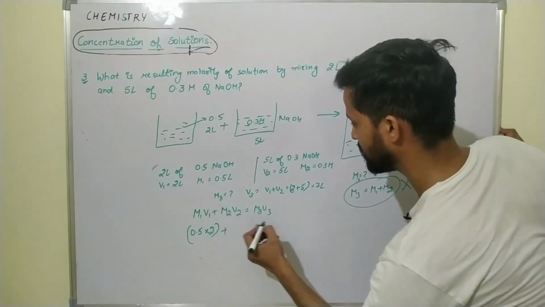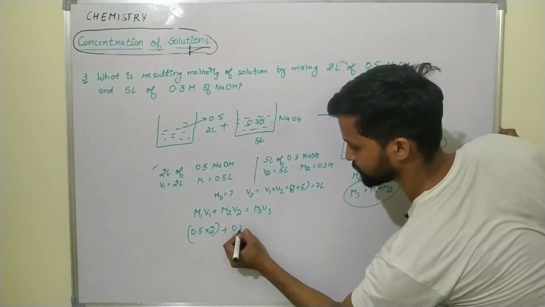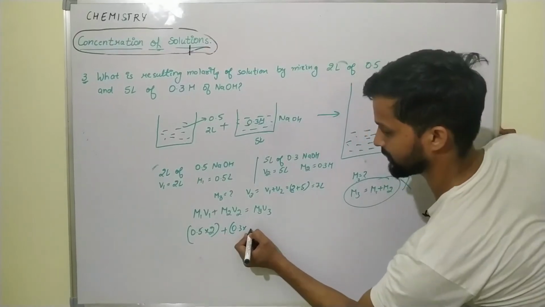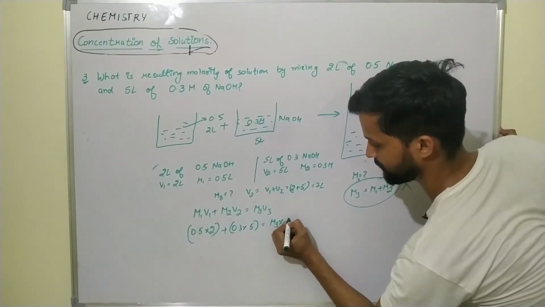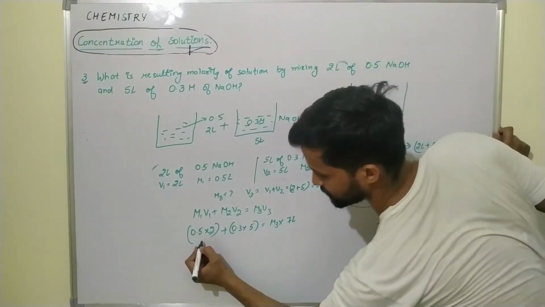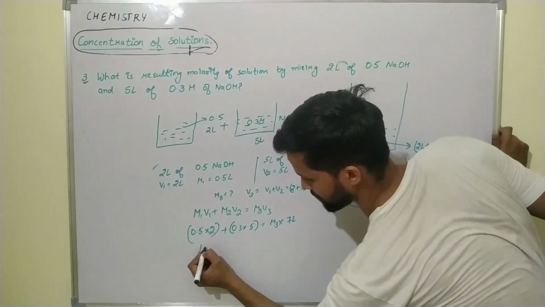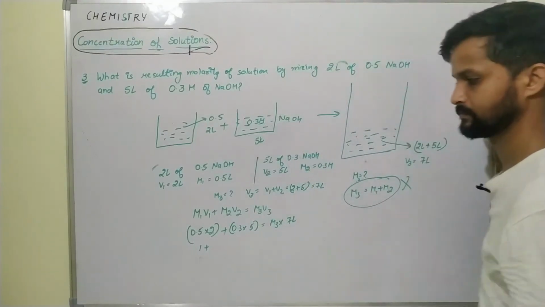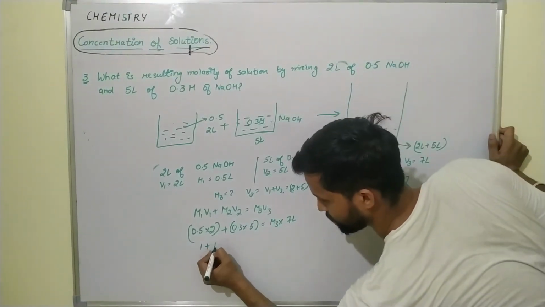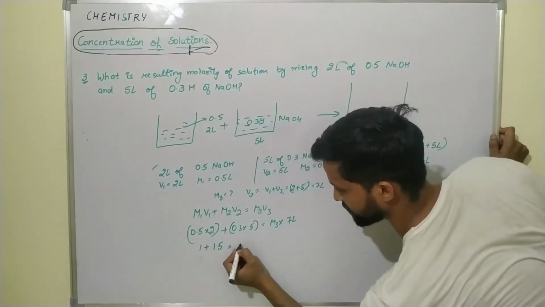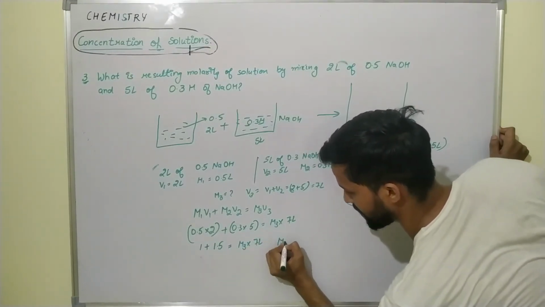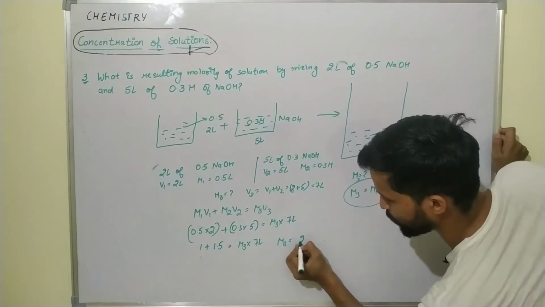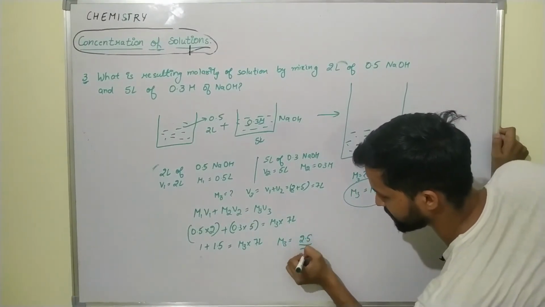Here if I write M2 0.3, so always use brackets so that this is clear to all of you. Here M3, here V3 is 7 liter. So here this will become 1 plus 1.5 which will give you M3 divided by 7 liter. So here M3 is equal to 2.5 divided by 7 liter.